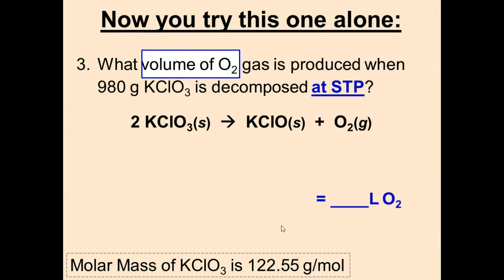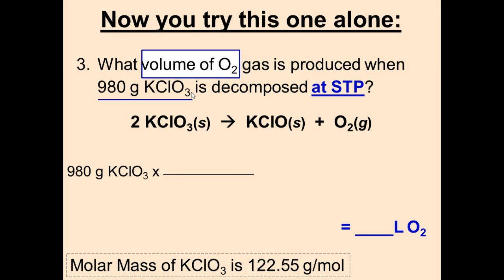And so, what is the volume of O2 gas that is produced when 980 grams of KClO3 is decomposed at STP? So on the side, we can write we want volume, so liters of O2 off to the side. And we have 980 grams of KClO3, so that's what we're going to start off with.